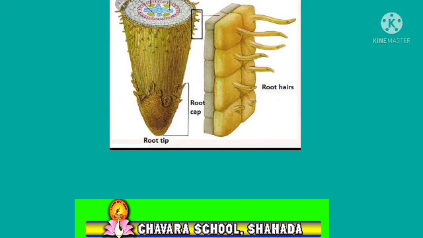Second speciality: the root hair contains cell sap, which is more highly concentrated than the surrounding water. And the third one, the cell wall is freely permeable, but the cell membrane of this root hair cell is semi-permeable.